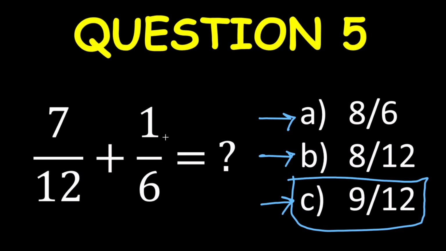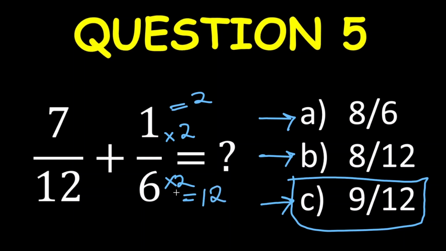So first of all, the LCM, or the highest denominator here, is 12. So I'm going to multiply 6 by 2 to have 12. That means I'm also going to multiply the numerator by 2 so that I'll have 2. So when I do that, I'll have 2 over 12.